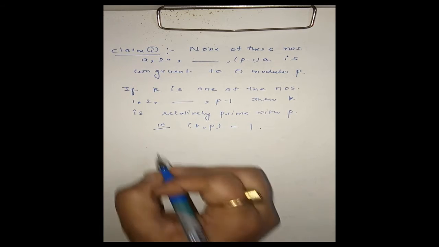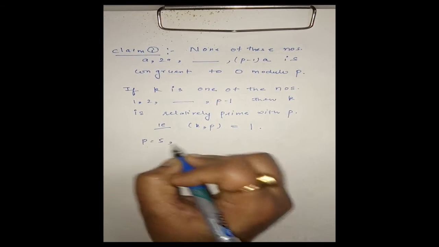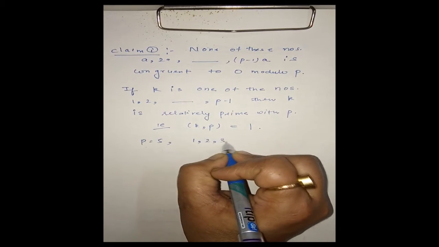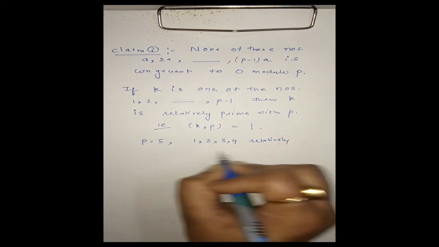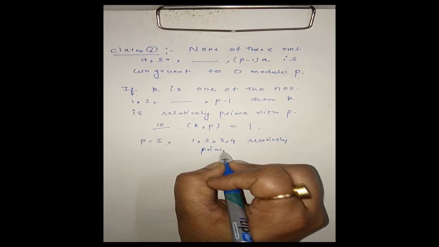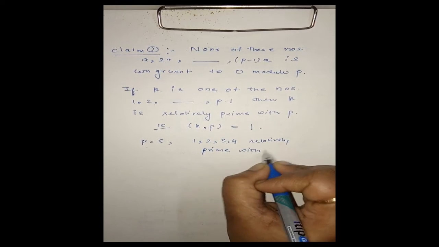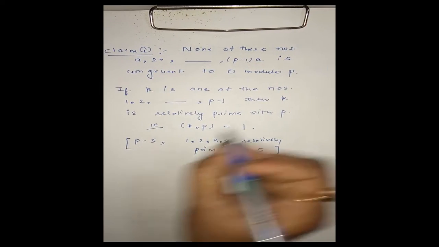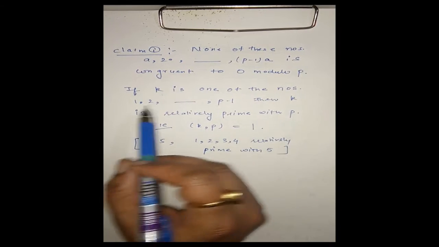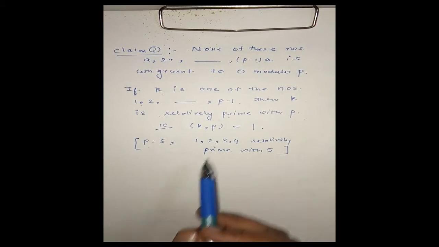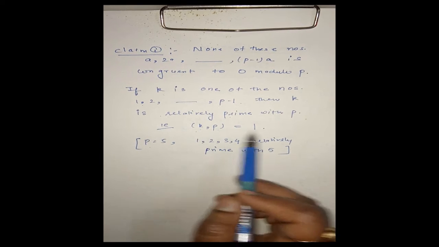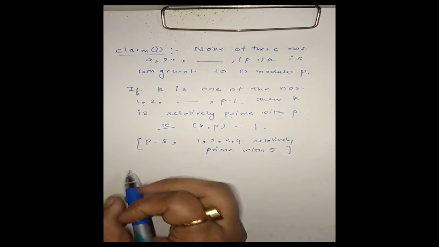Clear? It means if I take P to be 5, then all these numbers 1, 2, 3, 4 are relatively prime with 5. In the same way, if K is any number between 1 and P minus 1, then K is relatively prime with P, that is, the GCD of K and P is 1.